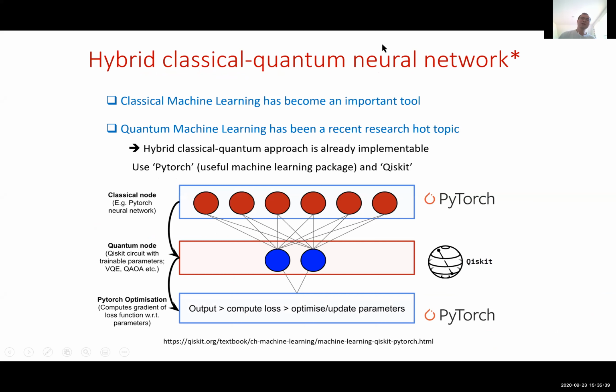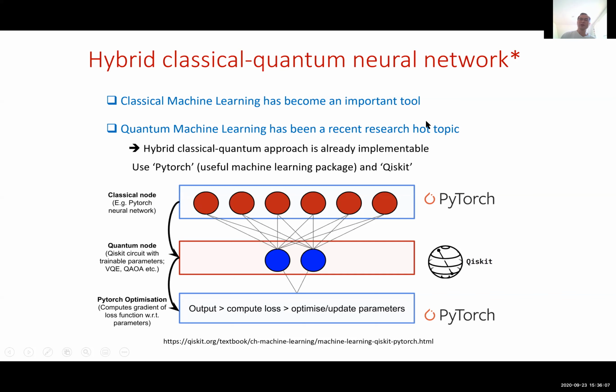So another different but also really interesting direction is to combine the classical neural network machine learning and using quantum computer. Yeah, so we know the classical machine learning has become an important tool. Probably the newest, the latest focus in science and technology, there are two important ones.